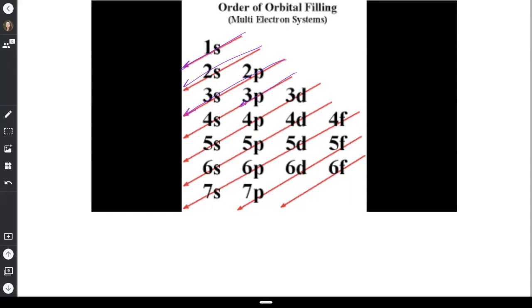And remember, from here, it looked like we were doing good. But we don't go to 3d. We follow this arrow, and it takes us to 4s instead. So as you're doing this, you'll follow the arrows that go through the chart. You will draw something similar to this, and you will follow those arrows.